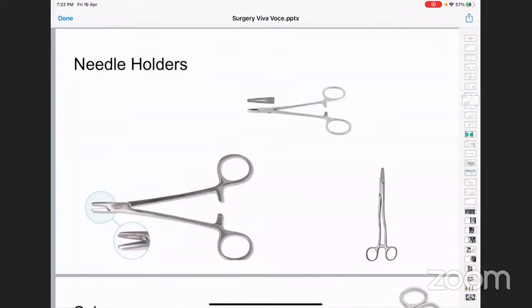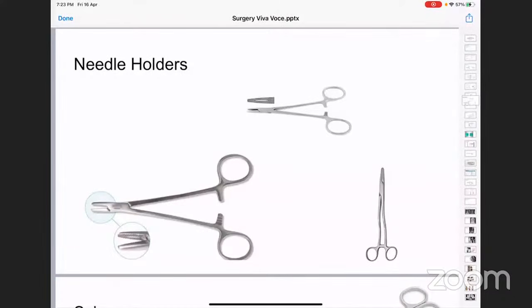So when you identify the needle holders properly during your viva voce, your examiner may ask you how exactly you grip the needle holder, where exactly you hold the needle. So where should the needle be held? Okay, this is something for you to find out and remember. Do you hold the needle at the tip?